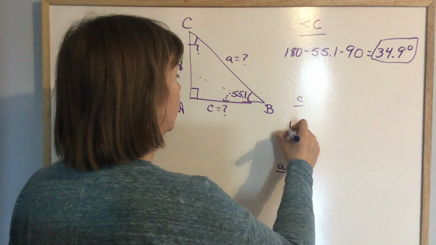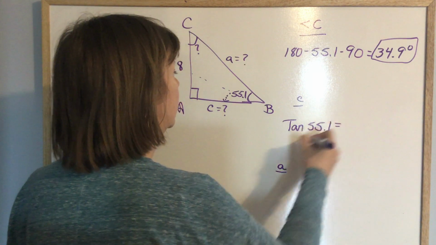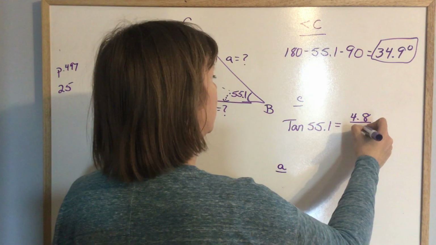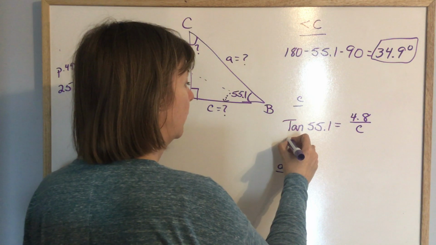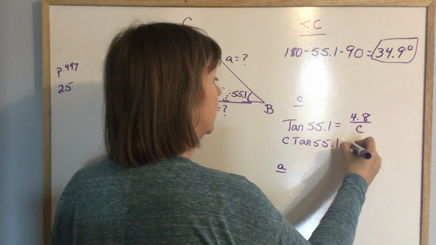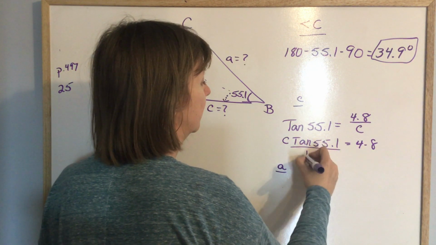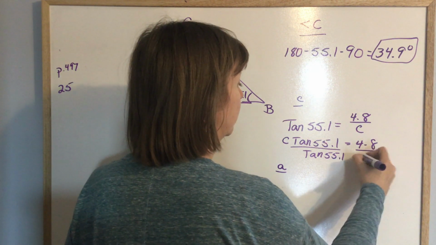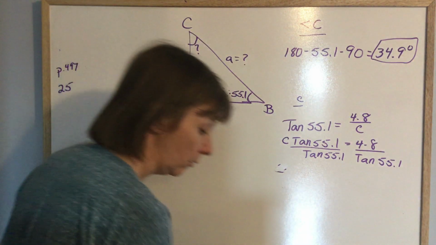So opposite and adjacent would be tan of 55.1 is the opposite side, which is 4.8 over C. I'm going to multiply both sides by C, so I would have C times tan of 55.1 equals 4.8. So I'm going to divide this side by tan of 55.1. I need some space, so I'm going to erase that.